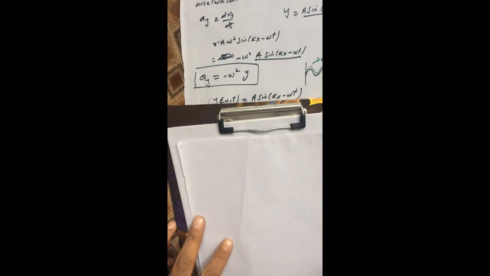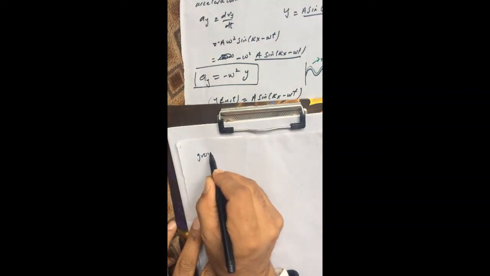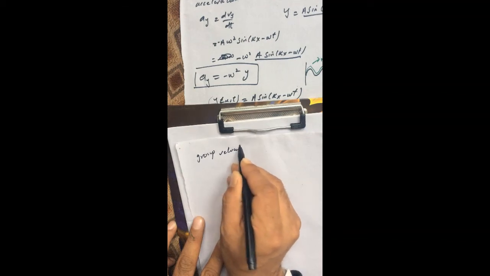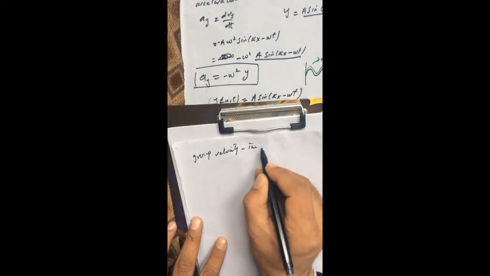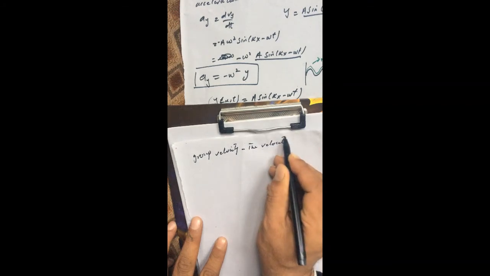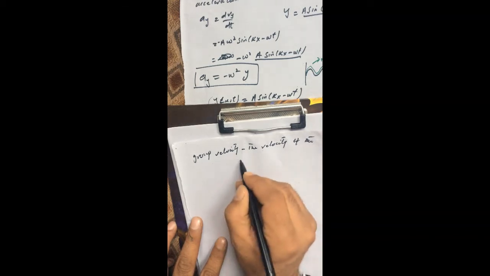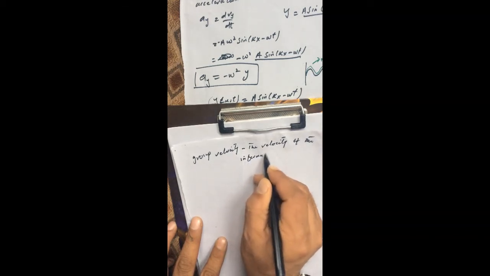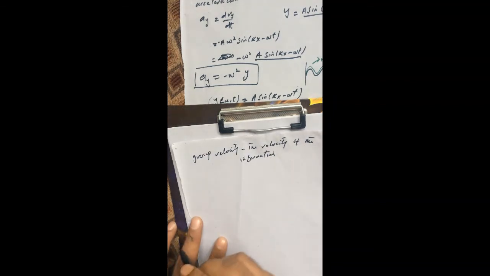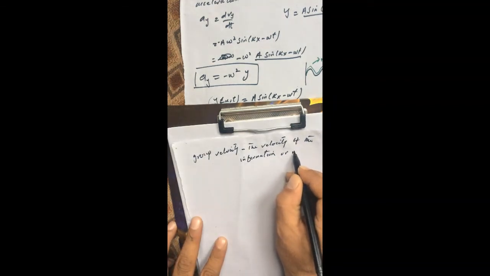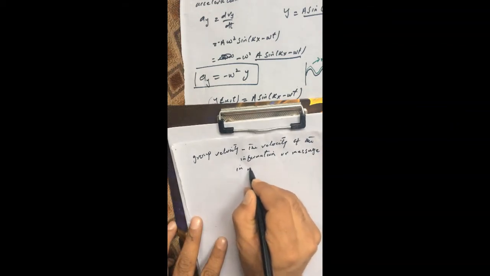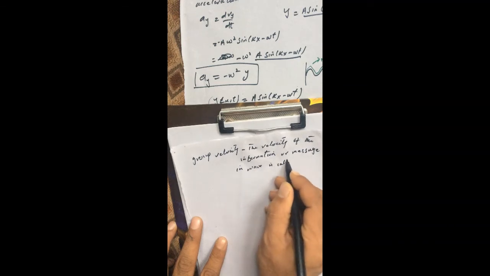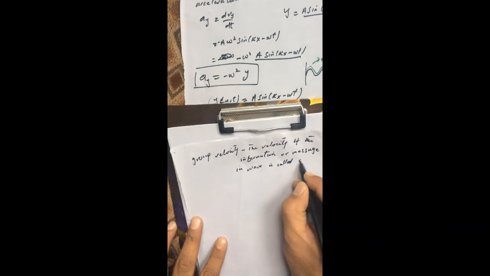Group velocity can be defined as the velocity of the information, a message, in a wave is called group velocity.